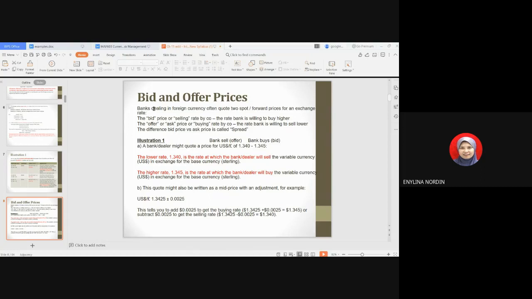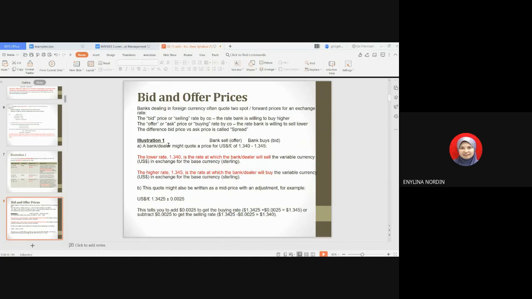Bid and offer, just focus on this one: bid is the rate that the bank is willing to buy, and the offer or ask price is the rate that the bank is willing to sell. The difference between buy and sell is called the spread.